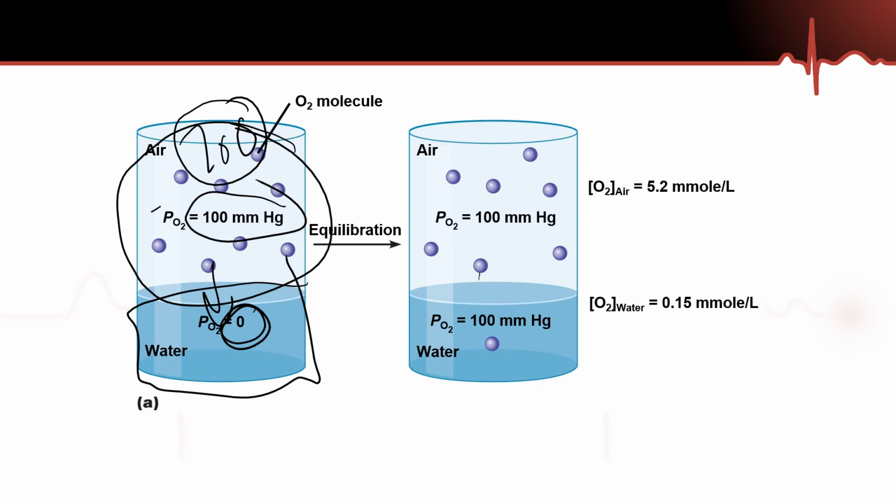And what ends up happening is this. Some oxygen will move down its partial pressure gradient. It will move from the air in the cylinder, where the partial pressure of oxygen is 100, into the fluid, where the partial pressure of oxygen is initially nothing. Some oxygen molecules will move into the fluid. This brings us to the concept of the partial pressure of a gas within a fluid. Theoretically, the gas creates pressure within the fluid.